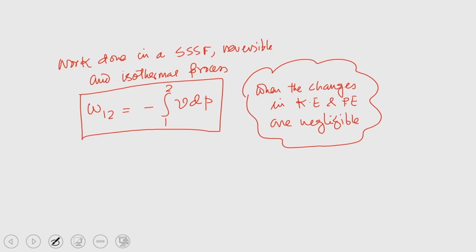If they are negligible, we can write this form. Now, let us try another case, that is case 2, that is a steady state steady flow process, but now the process is reversible and adiabatic.